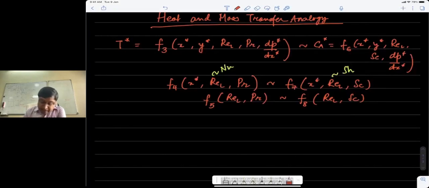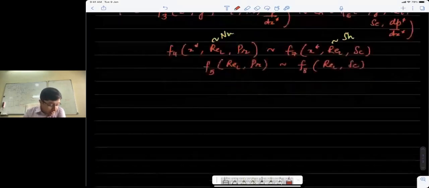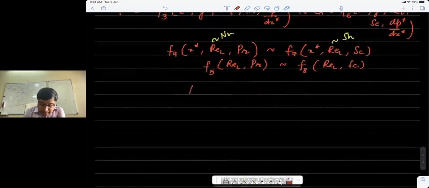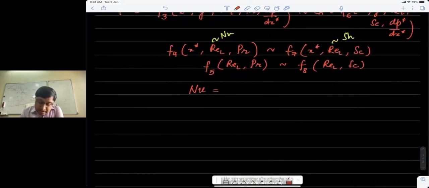Now, as you will see very soon, by maybe the end of this lecture, the Nusselt number, which we said is f4 of x star, REL, Prandtl, will come out to be some f4 prime, where prime doesn't mean derivative but a new function, of x star, REL into Prandtl to the power 1/3.